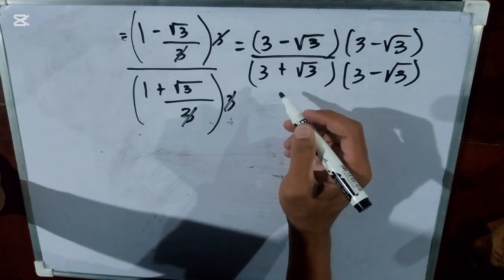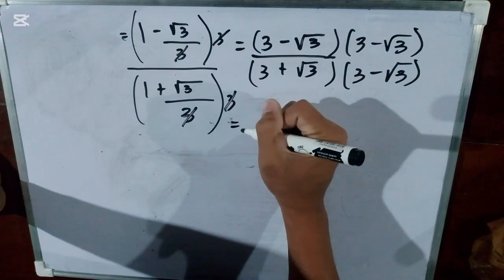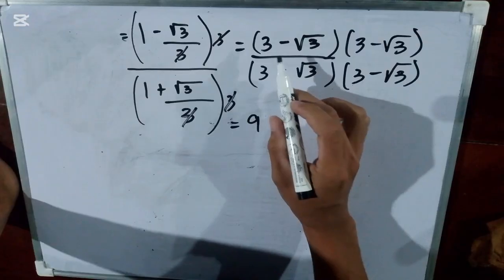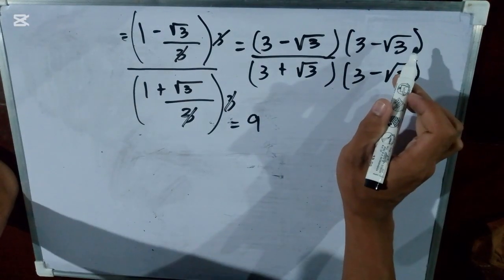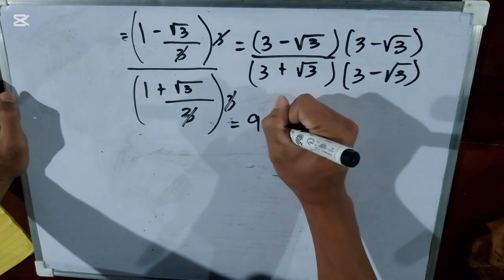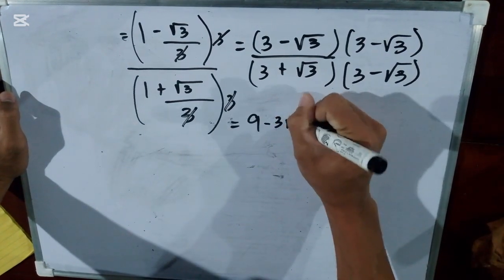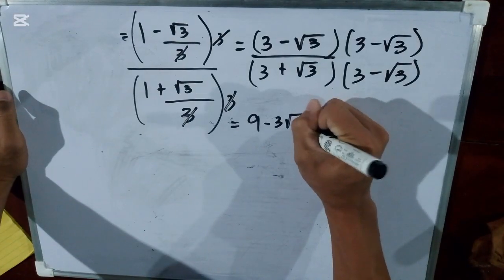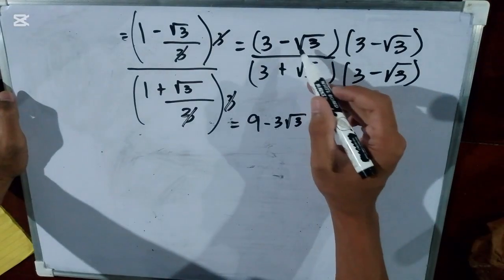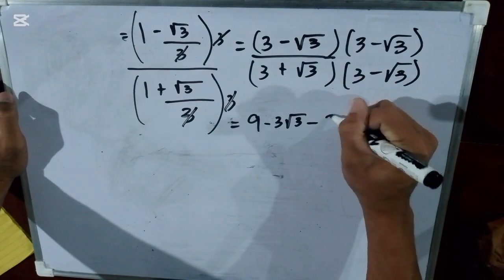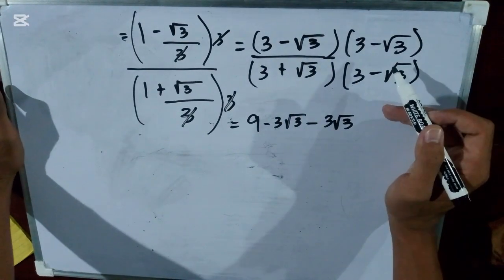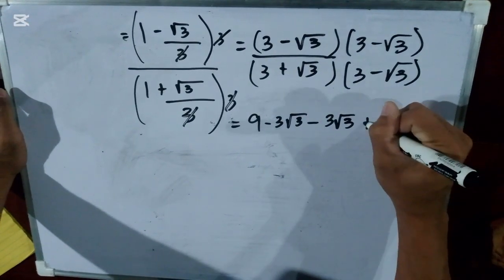Now let us use the FOIL method. 3 times 3 is 9. 3 times negative root 3 will be negative 3 root 3, and inner root 3 times negative root 3 times 3 will be negative 3 root 3, and the last one is negative root 3 times negative root 3, which is positive 3.